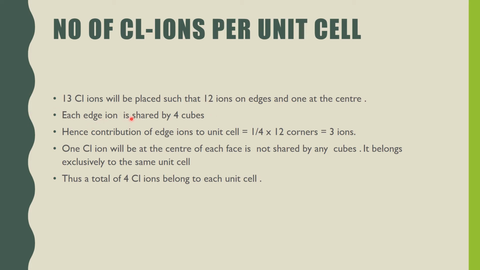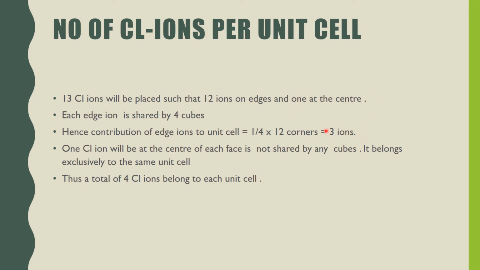But the edge of a cube is shared by 4 cubes in the crystalline structure. Therefore, the contribution of the edge ion to the unit cell is 1/4. So 1/4 into 12 edges equals 3 ions.